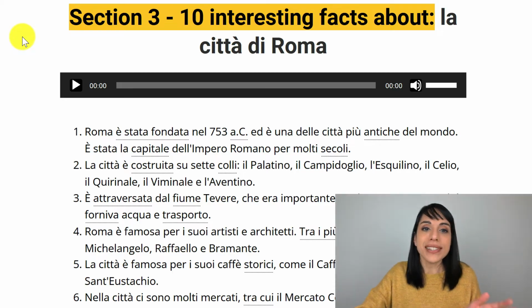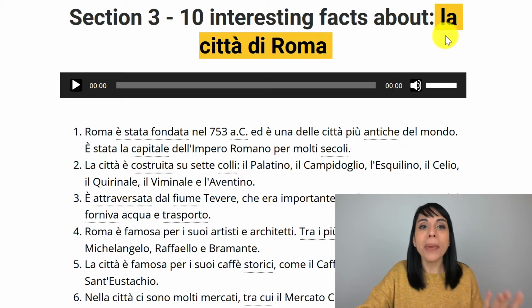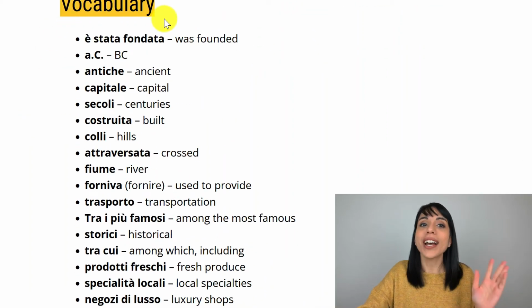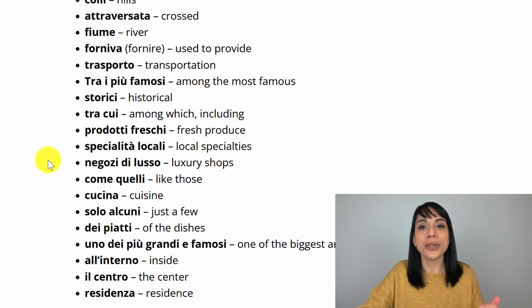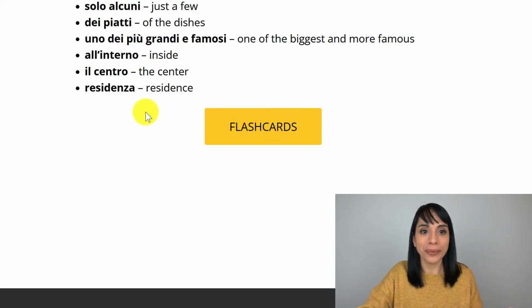So, for example, in this section, we talk about the top 10 curiosities about the city of Rome. And even here you will find the audio, you will find your vocabulary list, and guess what? A dedicated set of flashcards that you can click on to practice this section vocabulary.